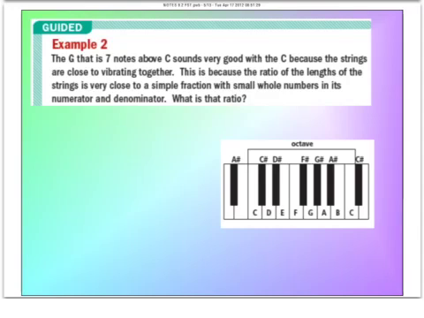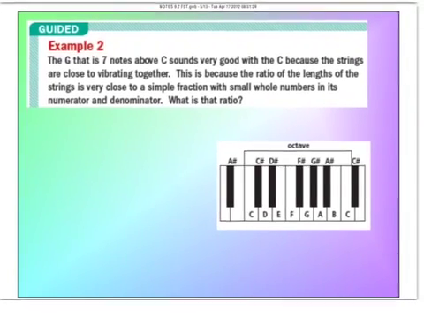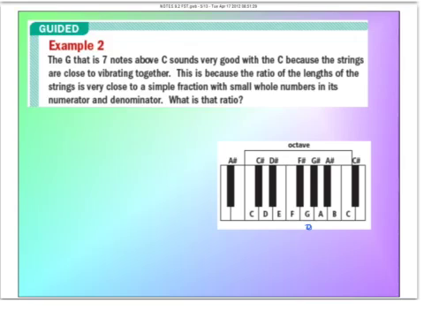So you identify those notes. This is the G right here. That is 7 notes above this C. And if you count that, here's 1 key, 2, 3, 4, 5, 6, 7. So that's where they're saying the G is 7 notes above the C.